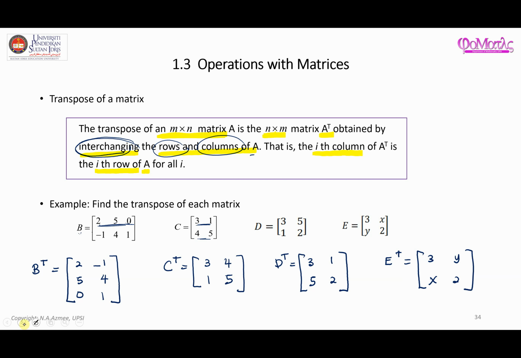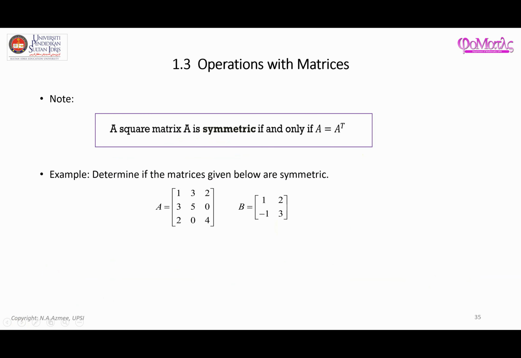Now let's move on to the idea of symmetric. A square matrix. Okay, we're very specific here. We have a square matrix, and if you want to determine whether it is symmetric or not, we have to check whether the result here holds true.